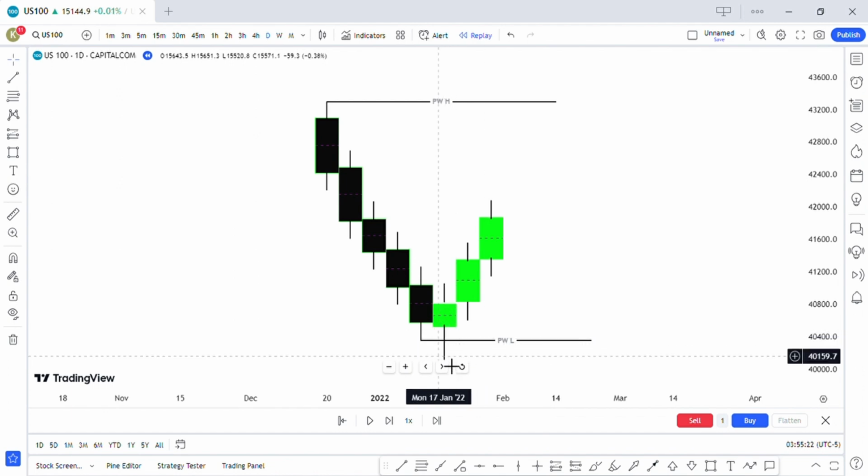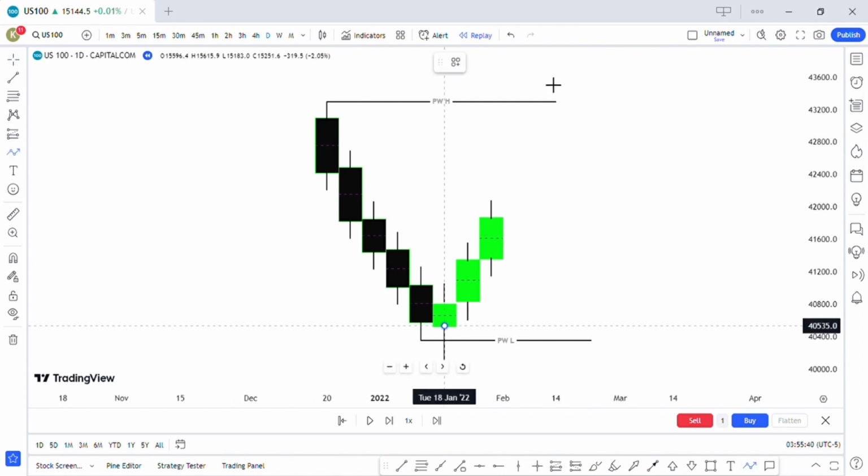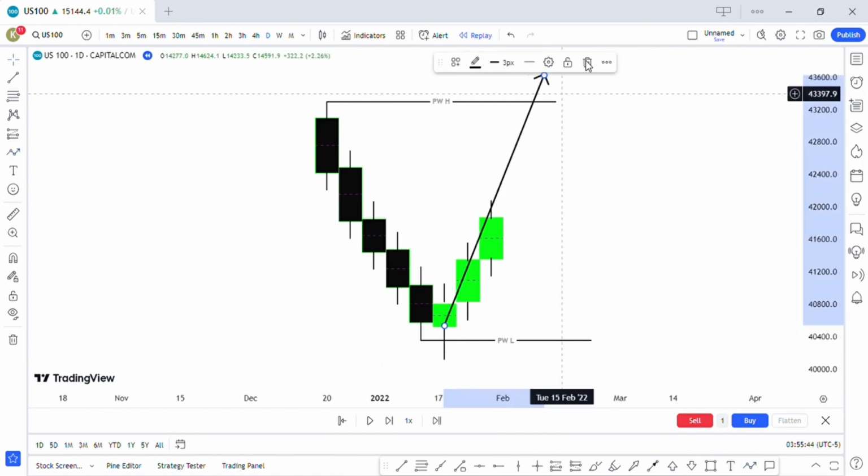When it fails to close below it and closes as a bullish candle, then we expect a reversal, right? That means the previous week's high is now our draw on liquidity, and the market will be bullish until it takes it out and puts in a new high.